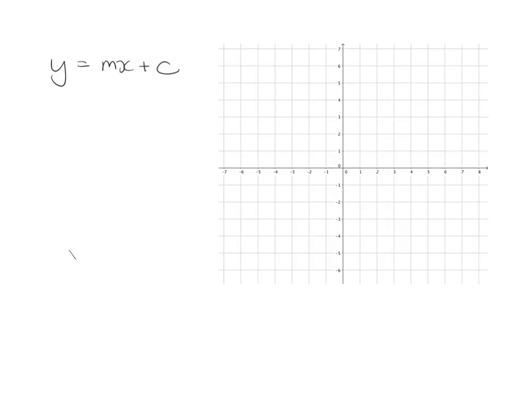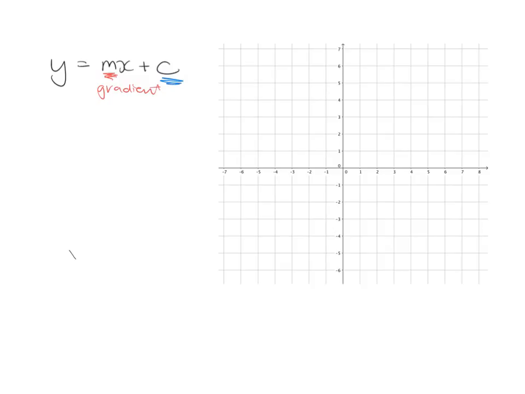So just to recap everything we've had about straight lines so far, what we have is that straight lines have got the equation form y is equal to mx plus c. And we saw that that m was telling us about the gradient of the graph, how steep the graph is.